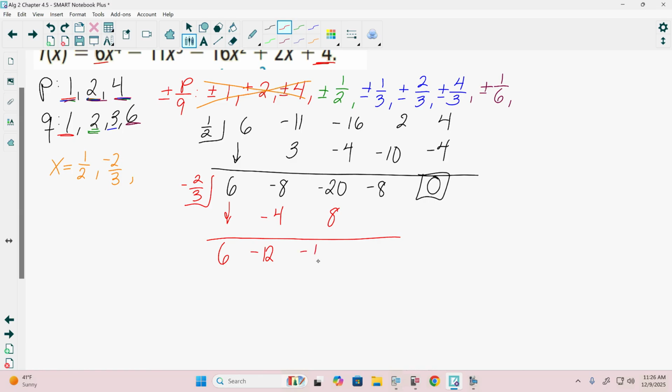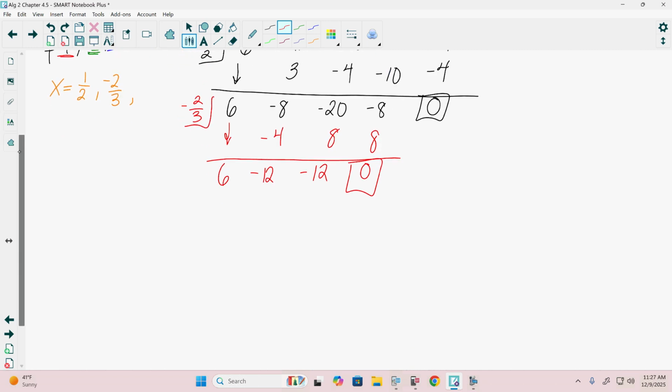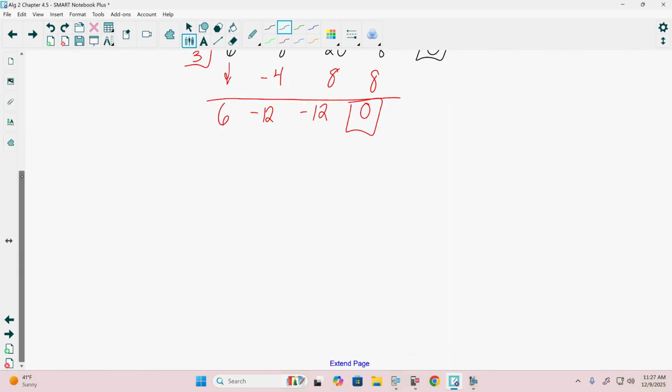Negative 12 plus 8 is, negative 20 plus 8 is negative 12. Telling us that this is 0.